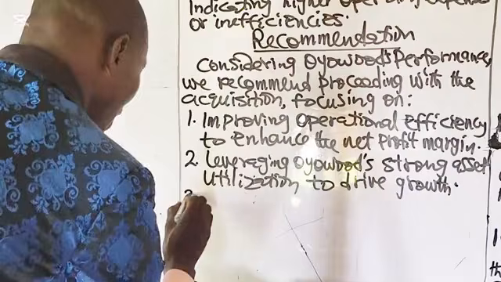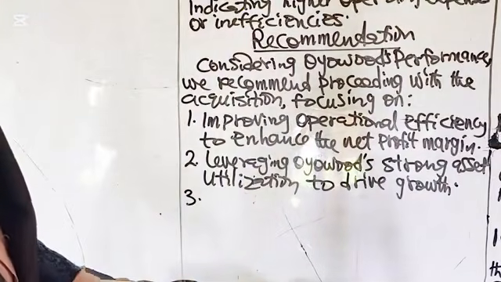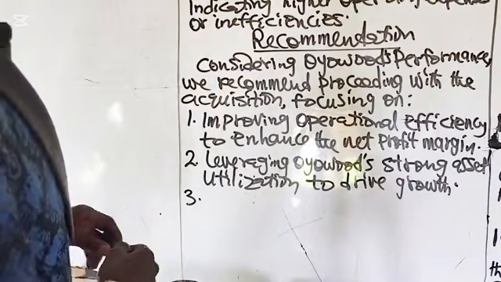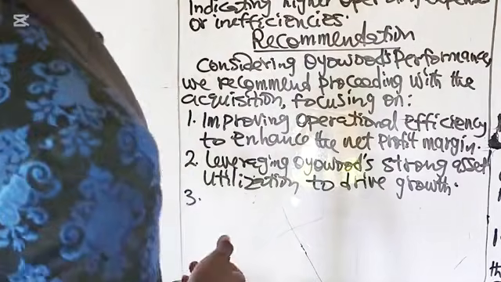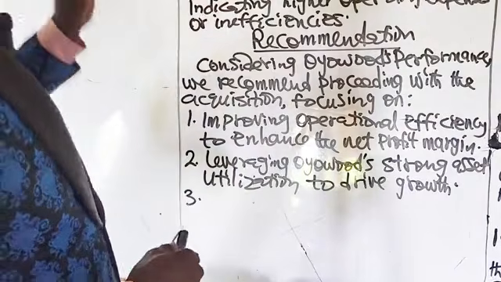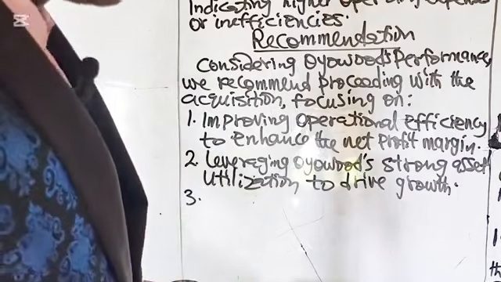So our third issue was on gross profit margin. We said Oyo Wood's gross profit margin is lower than the sector average, suggesting potential pricing pressure or higher production costs. So what could be a possible recommendation?